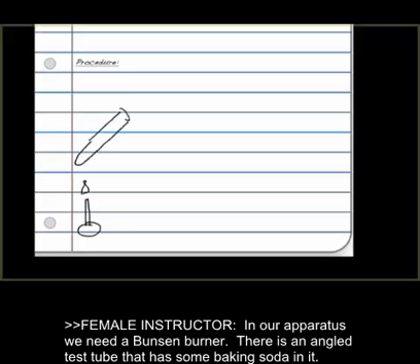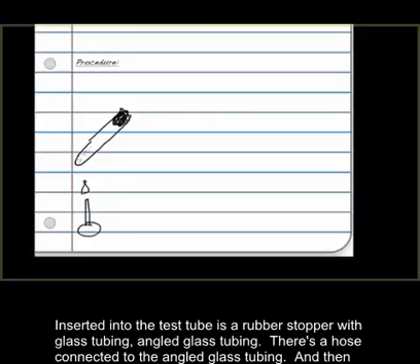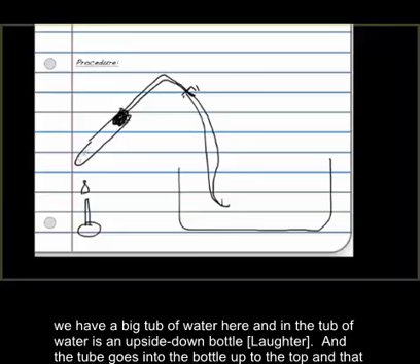Inserted into the test tube is a rubber stopper with glass tubing, angled glass tubing. There's a hose connected to the angled glass tubing. And then we have a big tub of water here. And then in the tub of water is an upside down bottle.